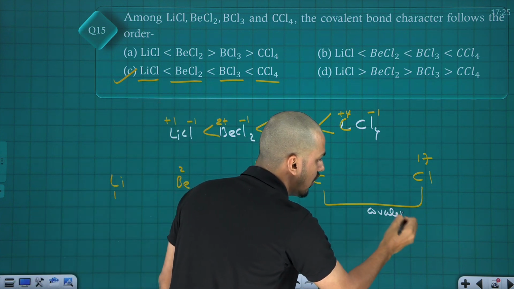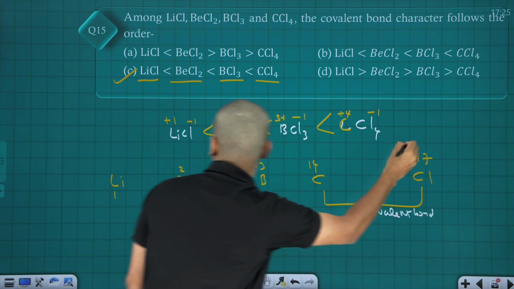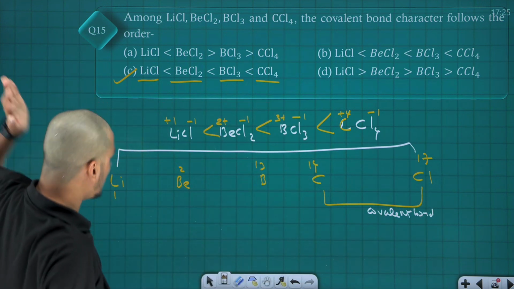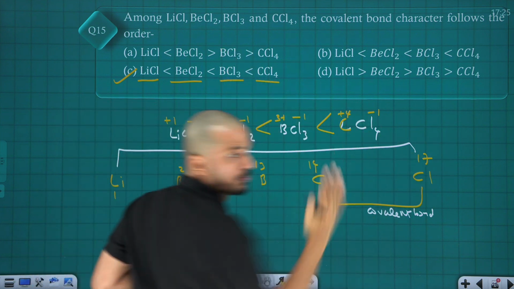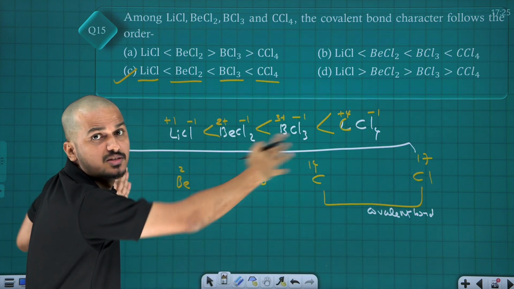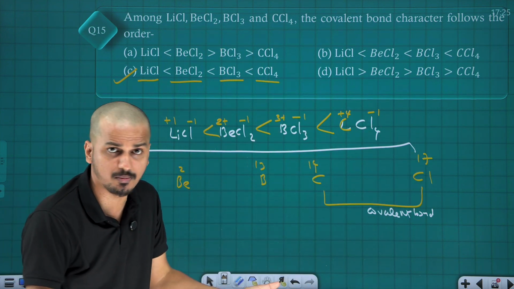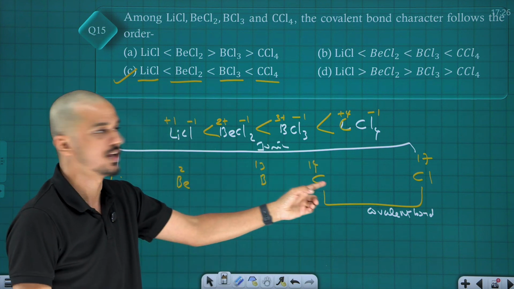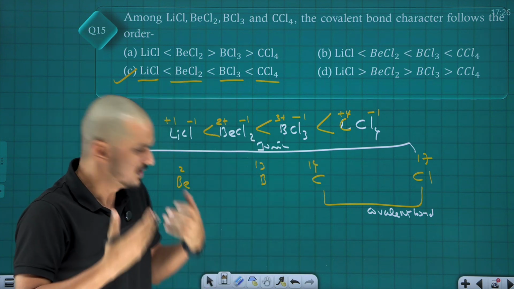Covalent bond. If the distance between the atoms is more, one is in 1st group, one is in 17th group, the difference is more. So electronegativity difference is more means they are ionic in nature, compared to the other one. Like that also you can answer it.